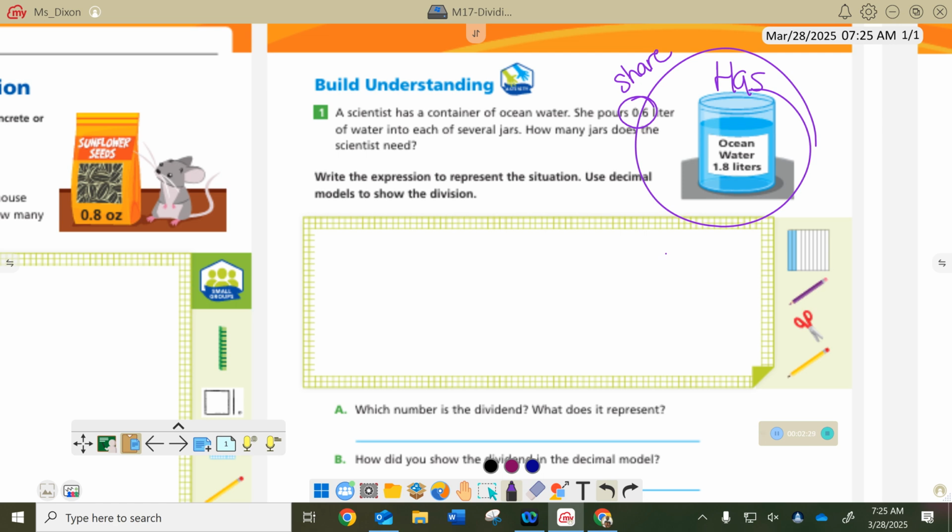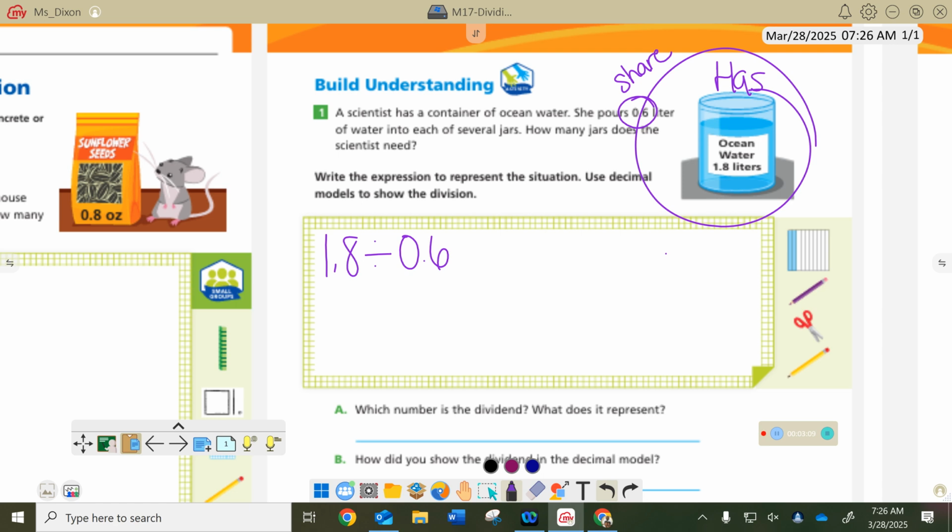So we want to write our expression. Remember, the dividend is how much you start with or how much you have. The divisor is how it's shared. So what do you think the expression is going to be? Well, she has 1 8/10 liters, so that's going to be your dividend, divided by, she's sharing it in 6/10 liters, so that's going to be your divisor.